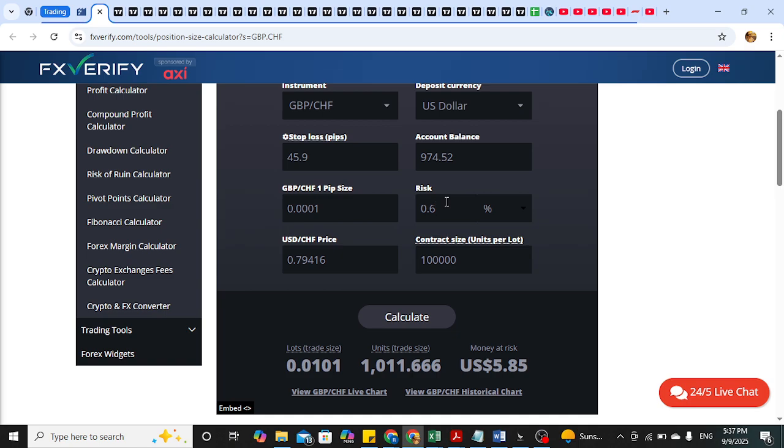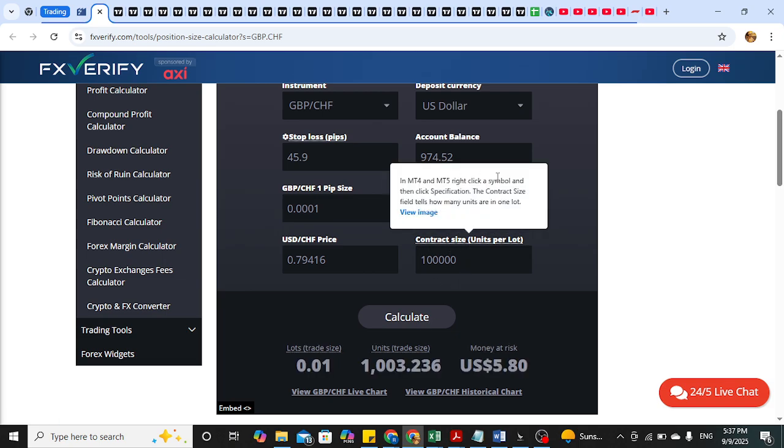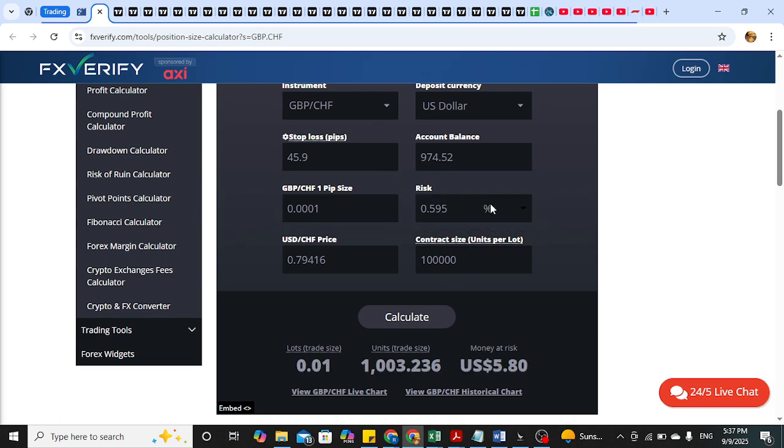So it's 5.9. This would be a risk of about 0.6%, but I am meticulous, as I said before, and I use this range. I would be risking 5.8.